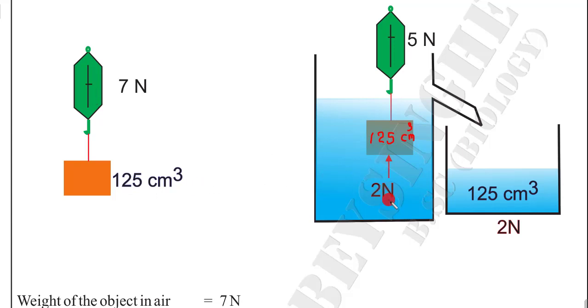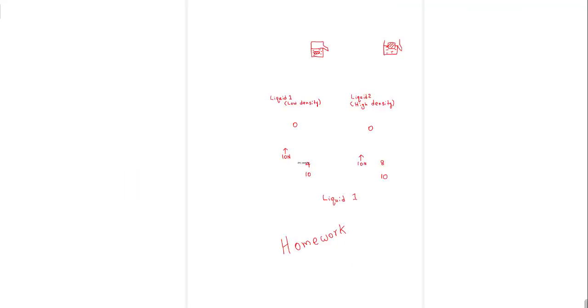The liquid applies a 2 Newton upthrust. In that case, it is giving 5 Newton. 7 became 5, children. Why? Because the liquid applies 2 Newton upwards. The size of the upthrust, 2 Newton, equals the weight of the displaced liquid. That's the most important thing we have to know.